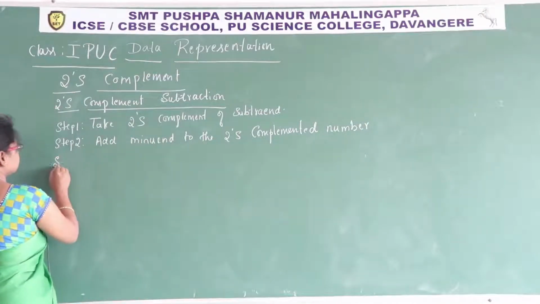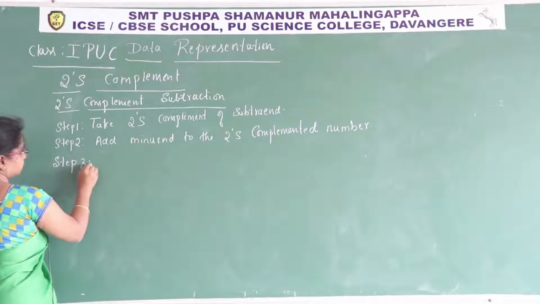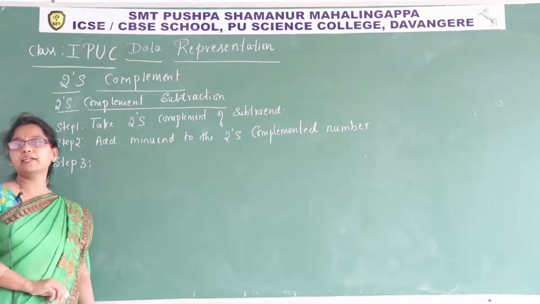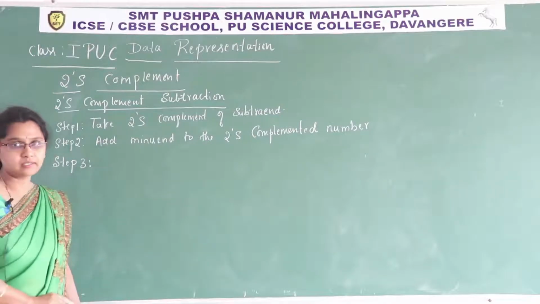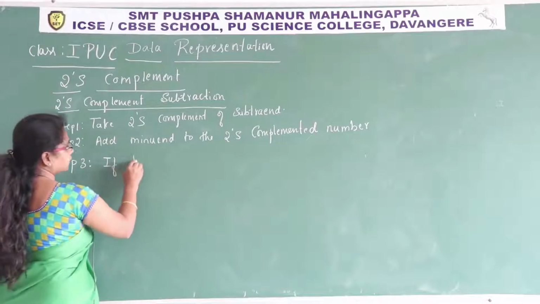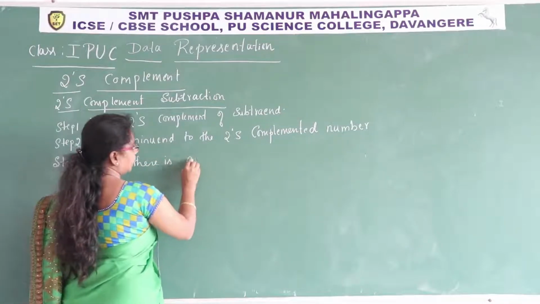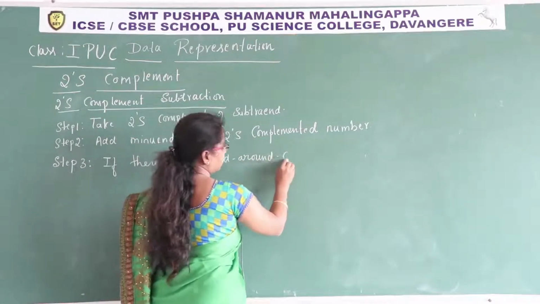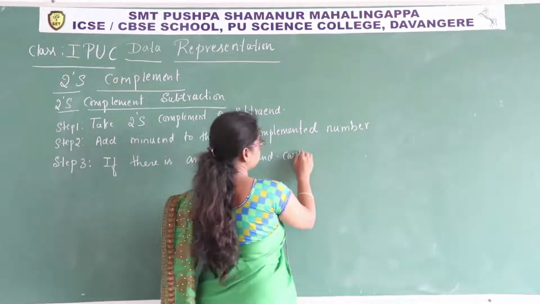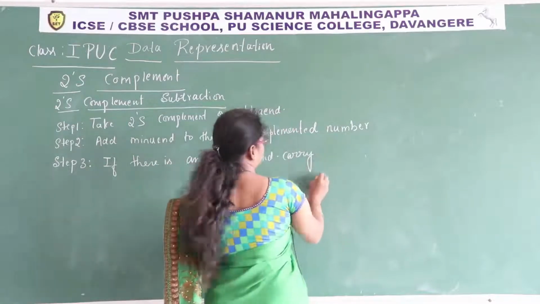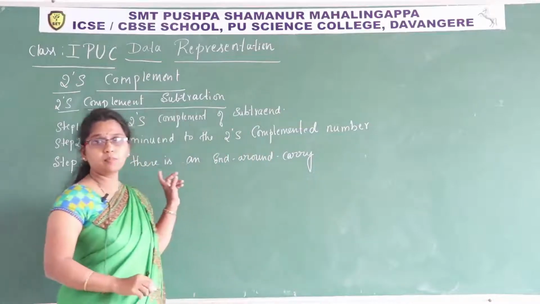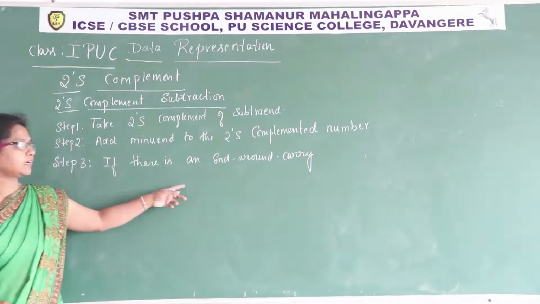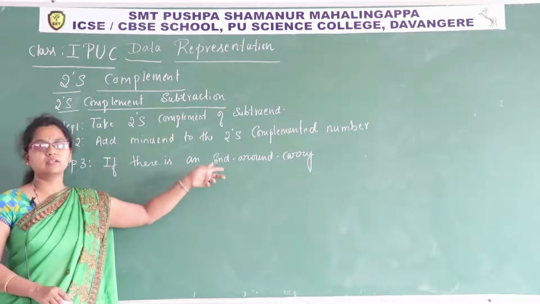Step 3, if there is end around carry, we have to add that end around carry to the LSB of that result. So there in one's complement, if we have end around carry, we added that end around carry to the LSB of the result, isn't it?